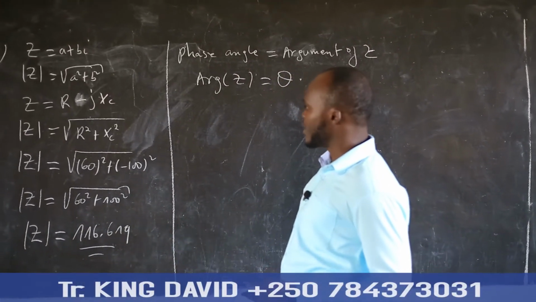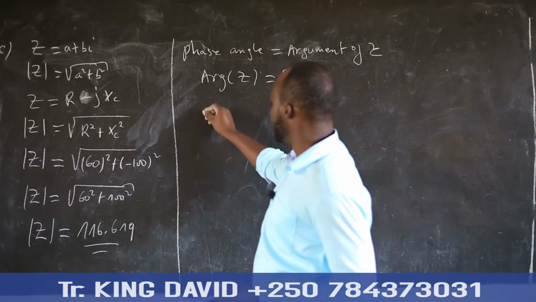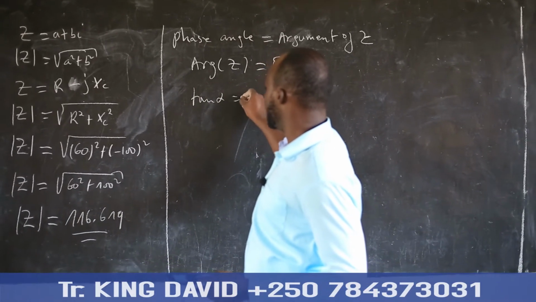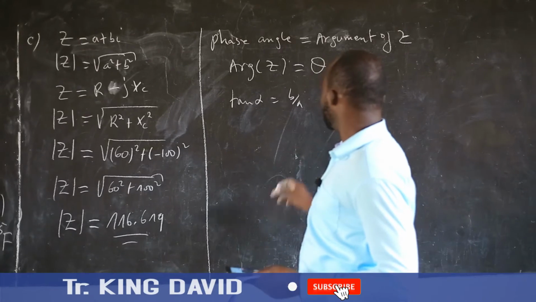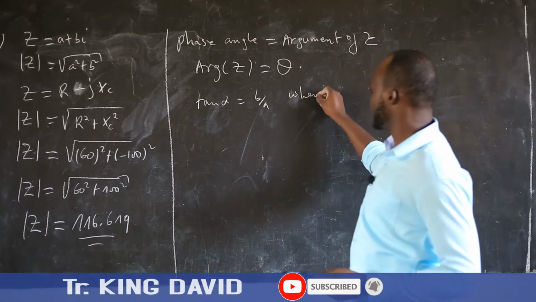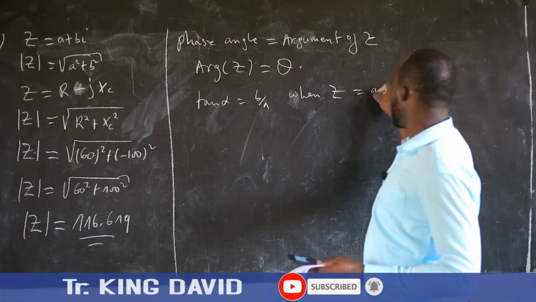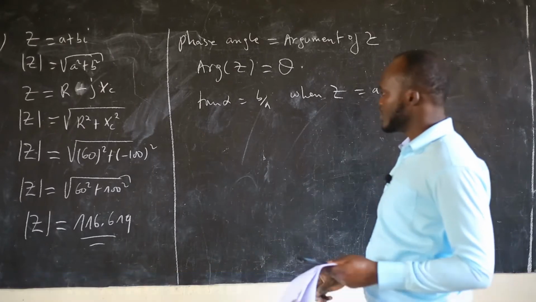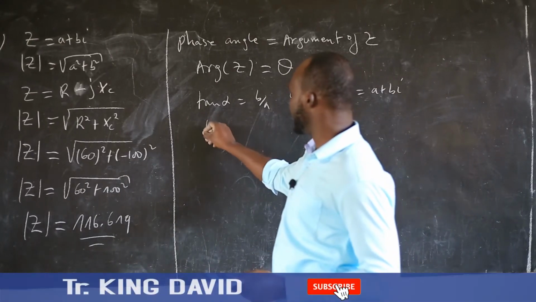So how can we find the argument of that Z? You know that tan alpha equals B over A when Z equals A plus Bi.